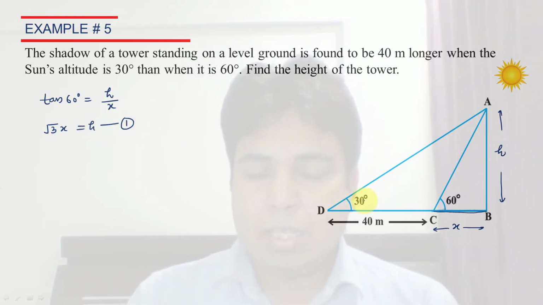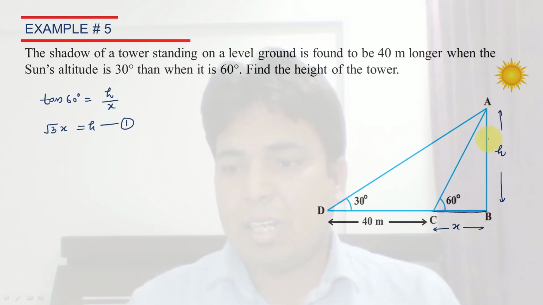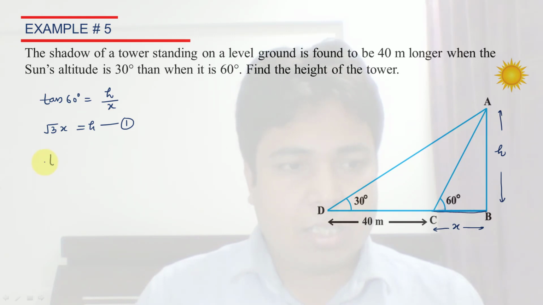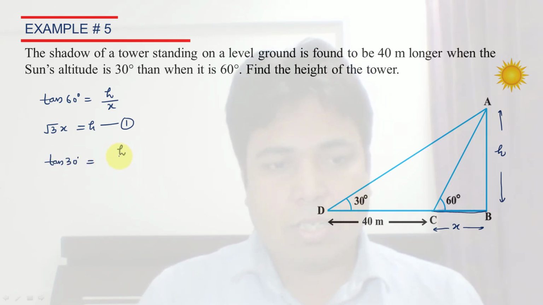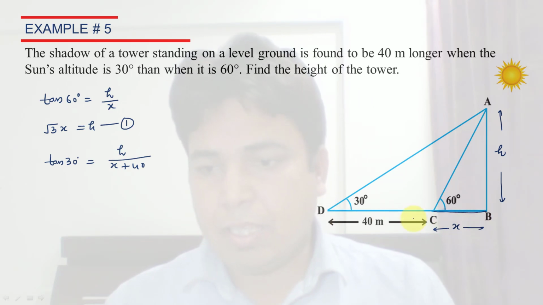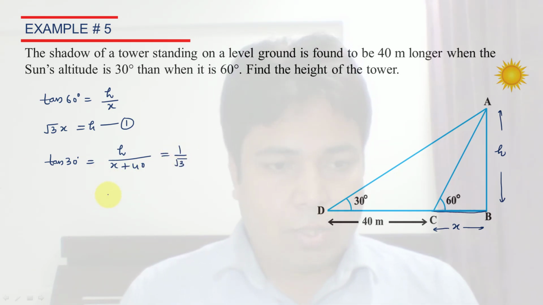Now if we apply again the trigonometric ratio for triangle ABD, then tan 30 degree is equal to h upon x plus 40. This whole length is x plus 40 meter. And we know that tan 30 is 1 upon root 3.